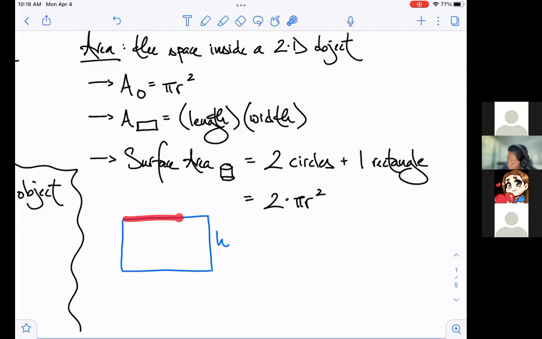Yeah, if I roll this back up like I were trying to make a paper towel tube, I would in fact get the circle that is part of the can.